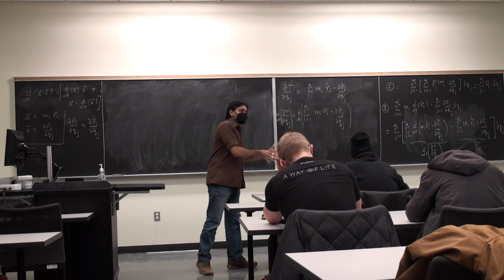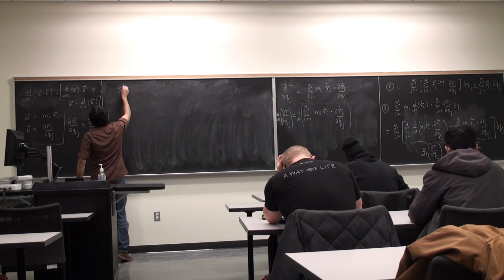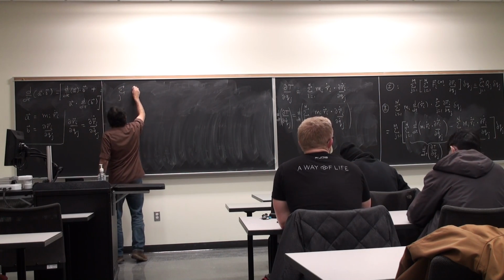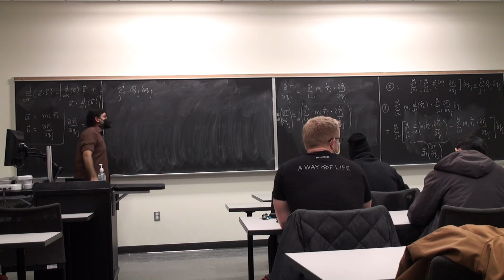So now I'm going to collect term 1 and term 2 and write them together. Term 1 is summation j, Q_j del q_j.